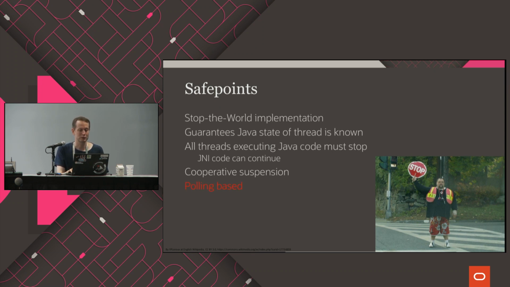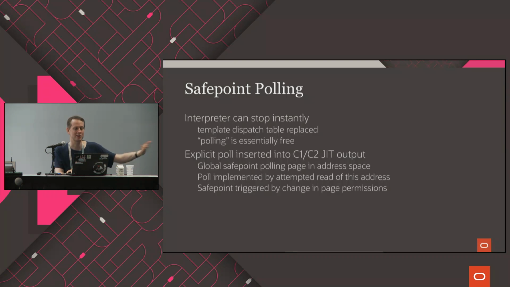But it's dependent, especially for JIT compiled code, on polling. Each thread has to proactively go out and say, hey, do you want me to stop? For interpreted code, this is really easy. The threaded interpreter in HotSpot is basically going through a jump table constantly.